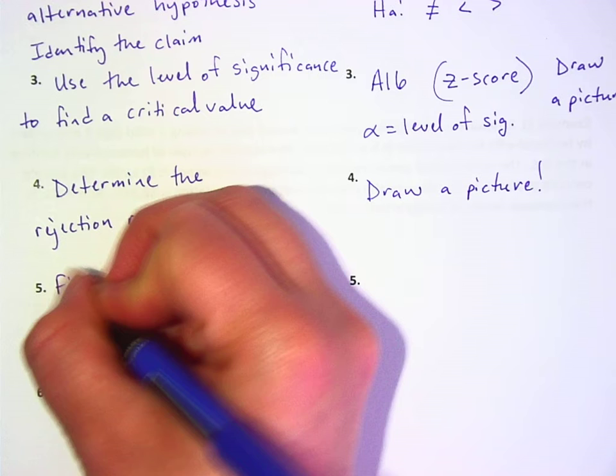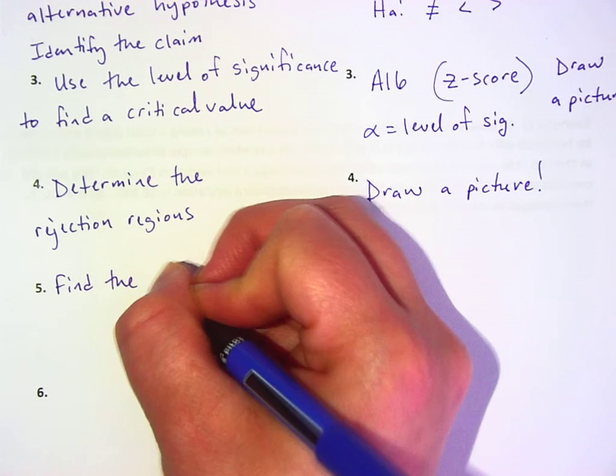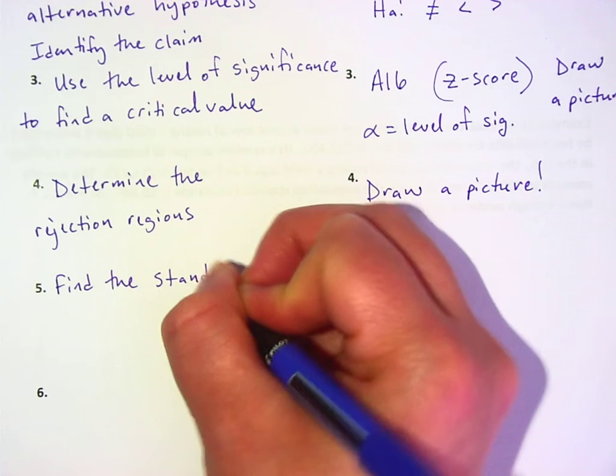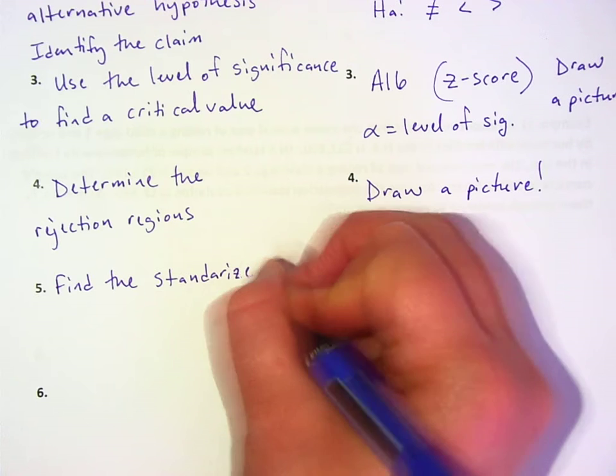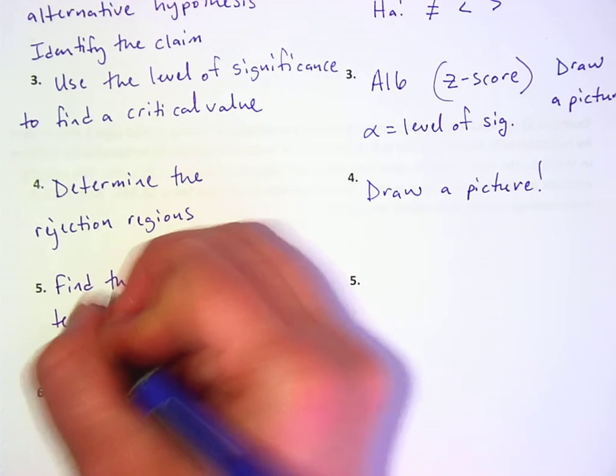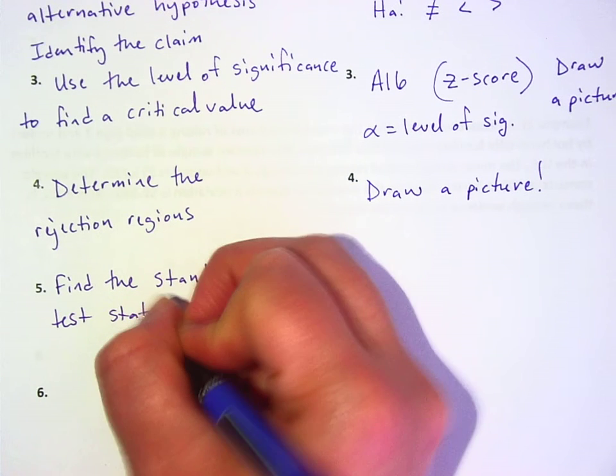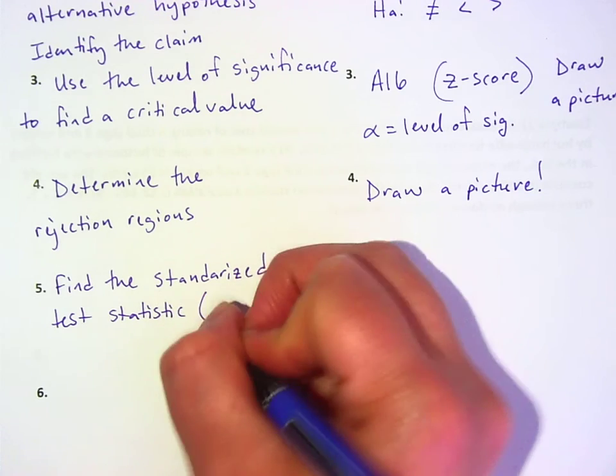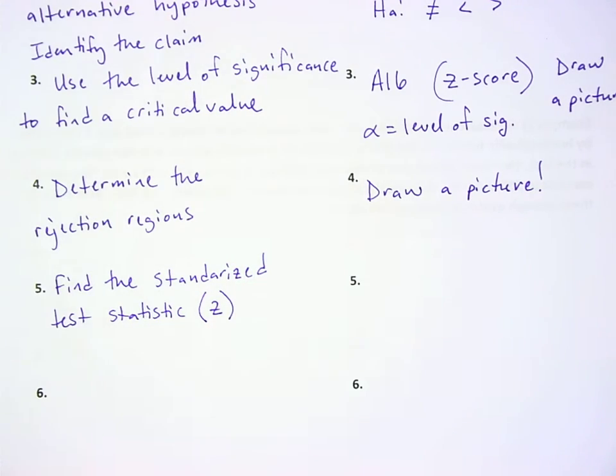Then you find the standardized test statistic, which is going to be a Z-score.